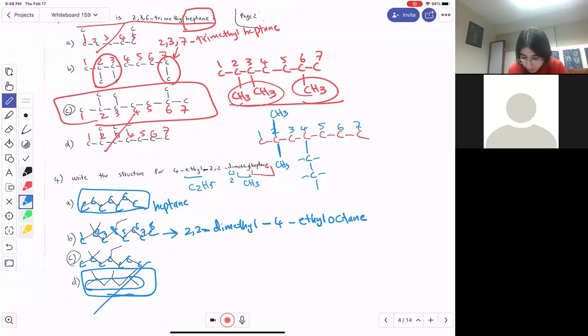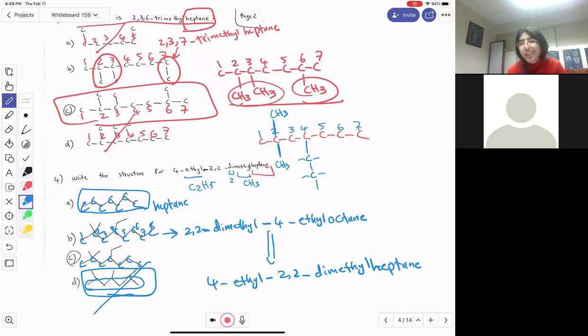So we write this as 4-ethyl-2,2-dimethylheptane. Don't be that strict about dashes and stuff. You should know that, but I don't stress so much about it.